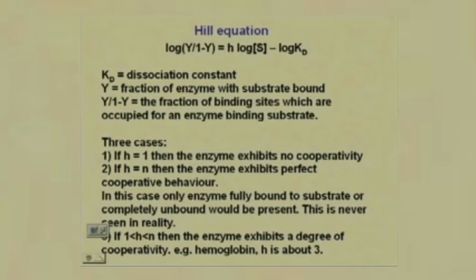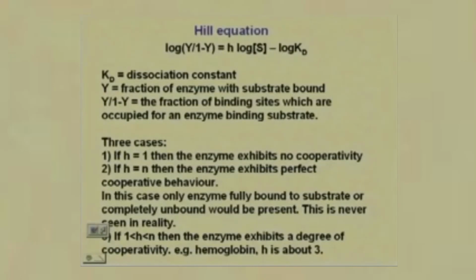What does that mean? It means that you can have a value in between the total number of sites that are available and 1. What does this cooperativity mean? It means that you can have the ligand bound to one of the heme of one of the subunits that will facilitate the binding to the others.